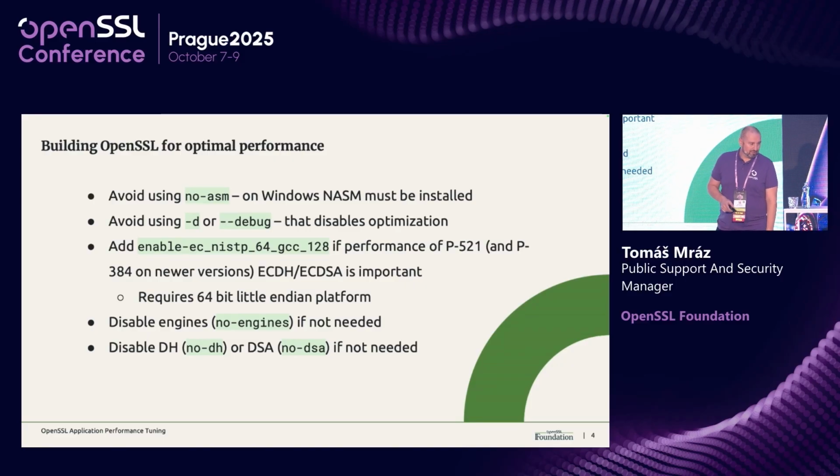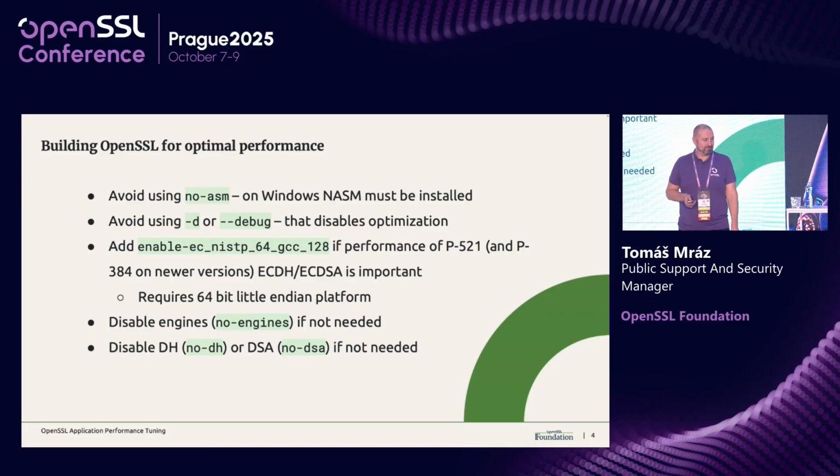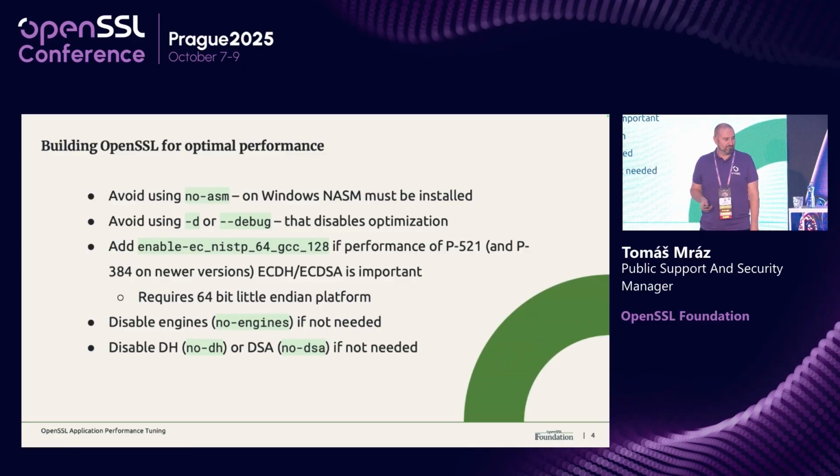You might want to enable enable-ec_nistp_64_gcc_128 if performance of the bigger elliptic curves, P521 and P384 on newer versions of OpenSSL, is important. This is not done by default because it requires a 64-bit little endian platform. Well, actually, we could probably make it default on those platforms, but that's how it is.